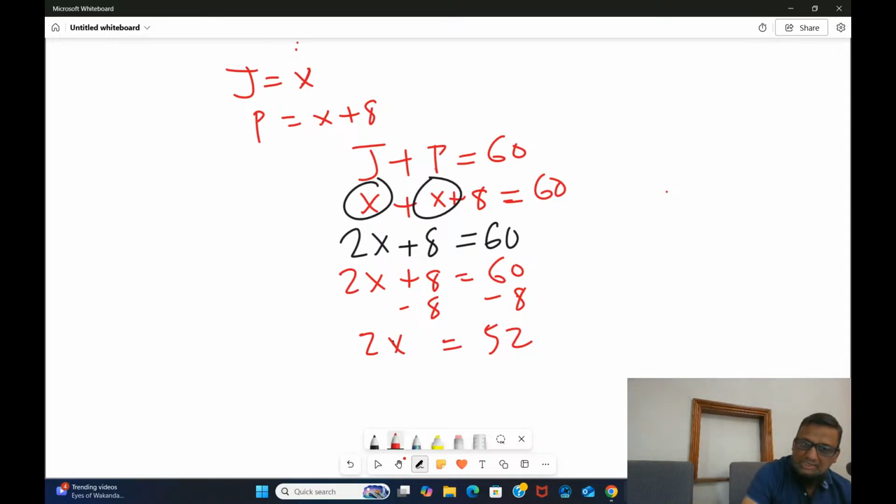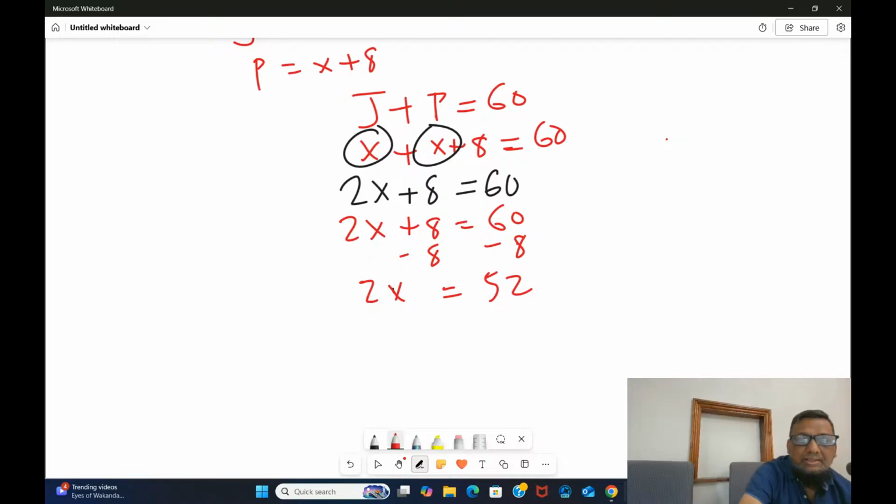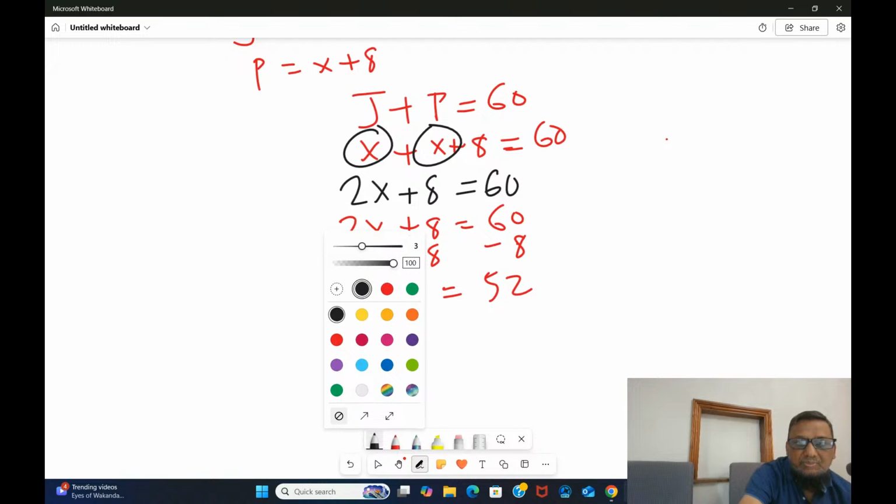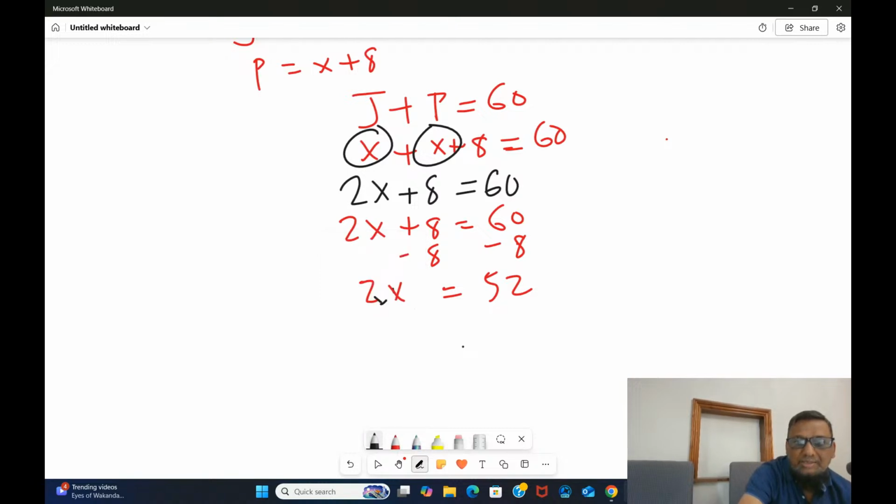So it means 2 is multiplied with X. We need to find the value of X. The relationship between X and 2 is times. How do we get rid of this 2? The inverse of times is division, so we need to divide both sides by 2.